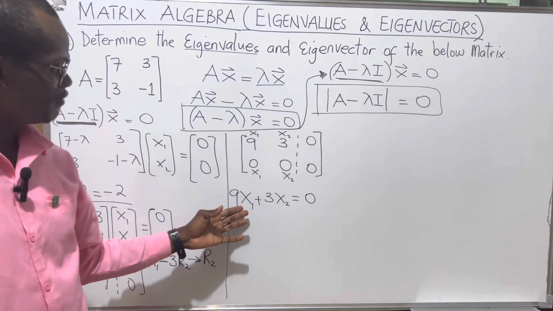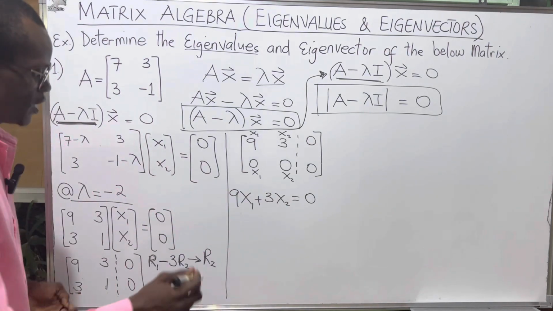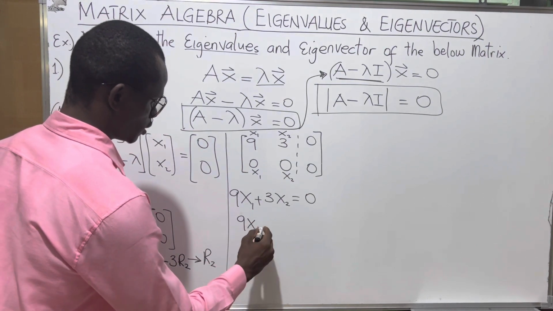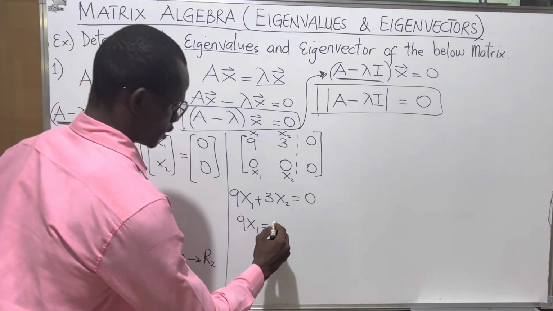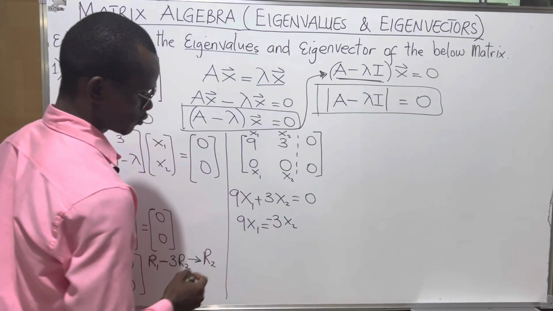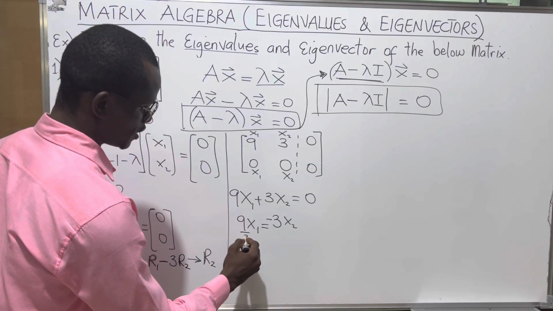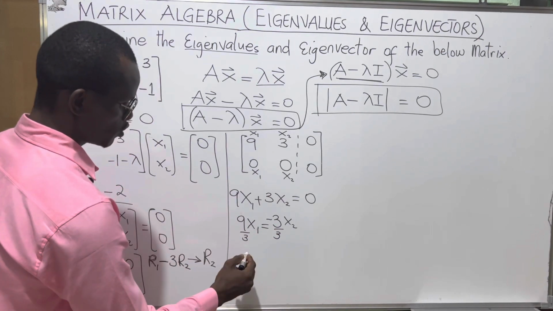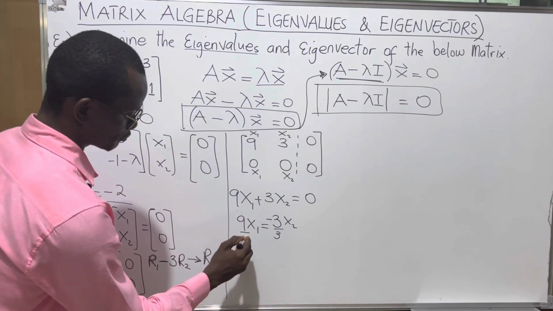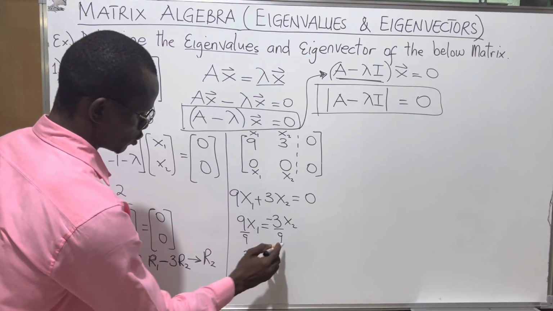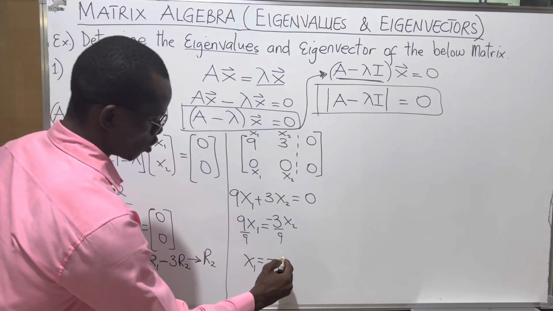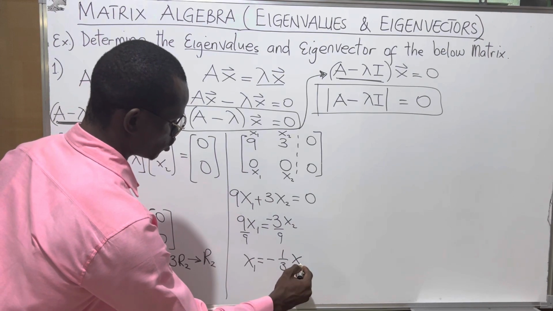So we can select values for x2. Because 9x1 is equal to negative 3x2, if we divide both sides by 9, we'll just have x1 equal to minus 1 over 3 x2.